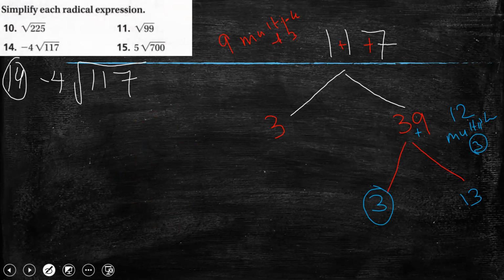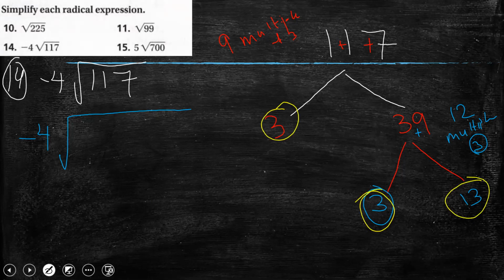Then I will come back here. I will say -4, keep it as it is, then square root of. Let's take the three numbers. What are these three numbers? 3, 3, and 13, the prime factors. Here we have 3 times 3.